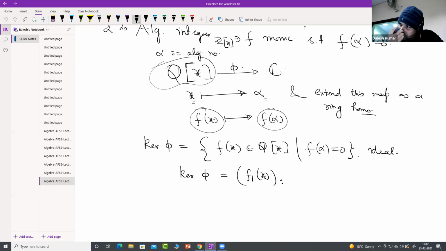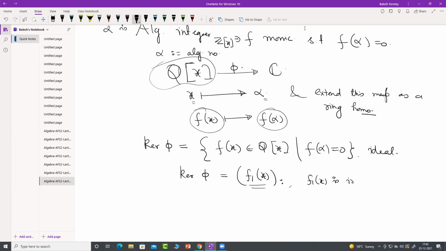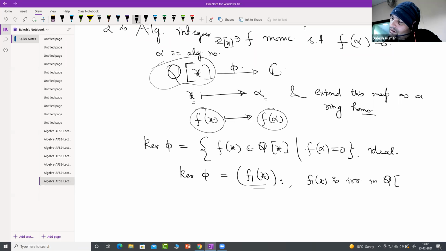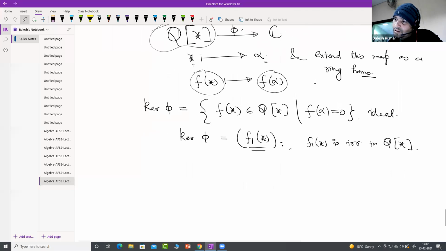In fact, using those arguments, division algorithms and all, one can prove that this element will be irreducible. Let's say f1 of x is irreducible in Q of x.